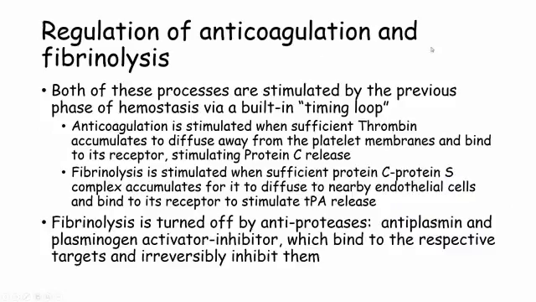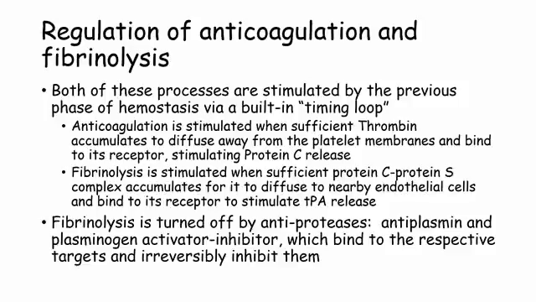So here's how the regulation of anticoagulation and fibrinolysis go, this time in words. It's a relatively elegant system in which each phase of hemostasis is initiated before the previous phase is ended. So procoagulation results in the activation of thrombin. Thrombin does all kinds of things, including activating fibrinogen to make fibrin.